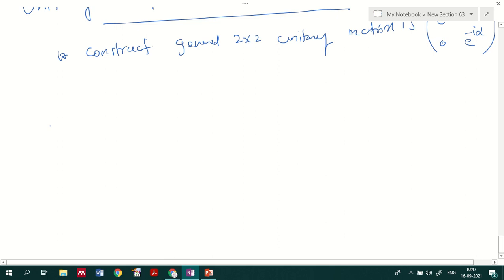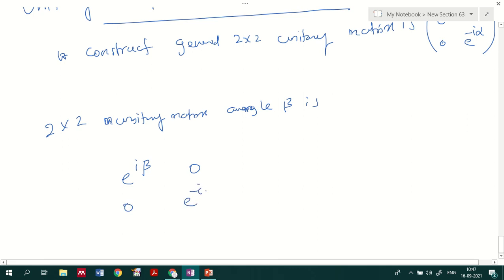Similarly, you can also make a second 2 by 2 unitary matrix for an angle beta, which we can represent as e raised to i beta, 0, 0, e raised to minus i beta.